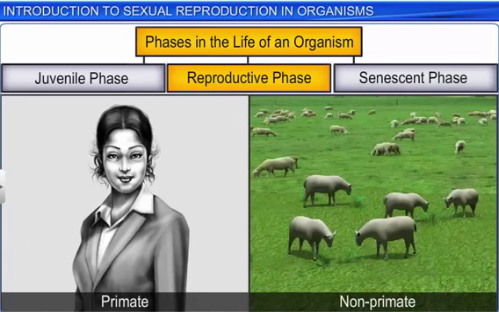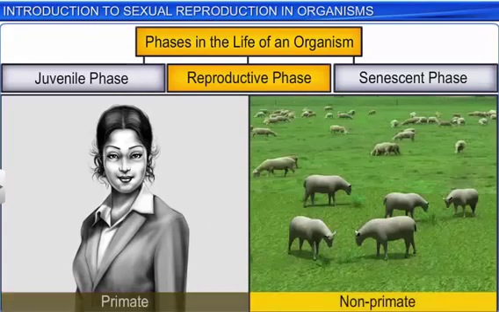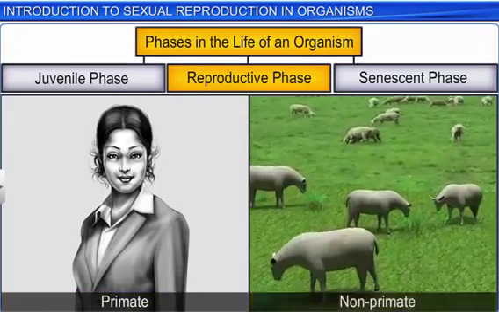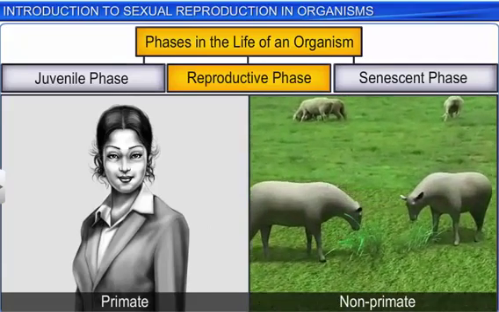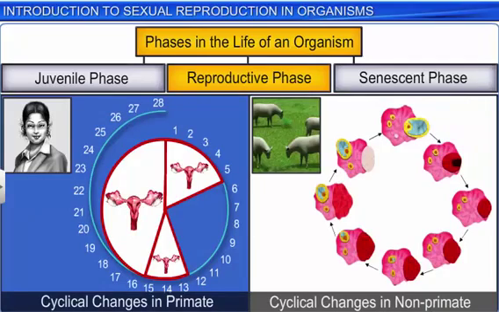Moreover, females of all placental mammals, including primates and non-primates, demonstrate cyclical changes in the activities of their ovaries and accessory ducts, as well as hormones during the reproductive phase.